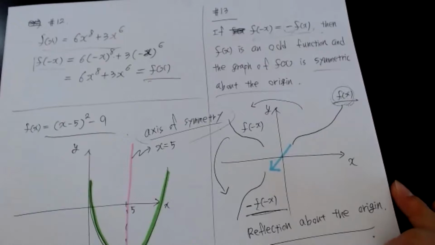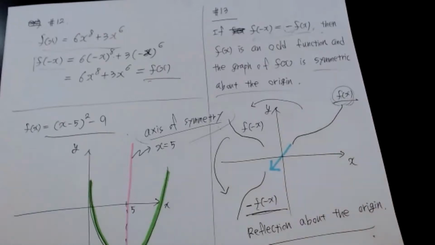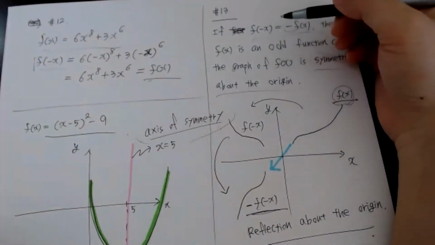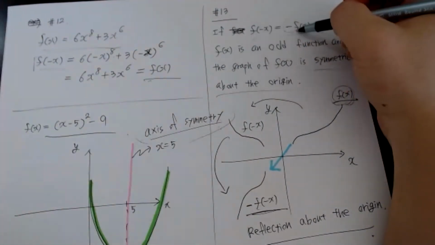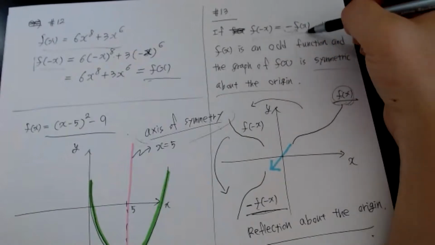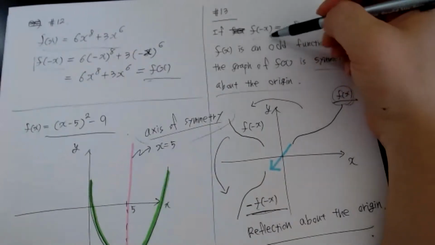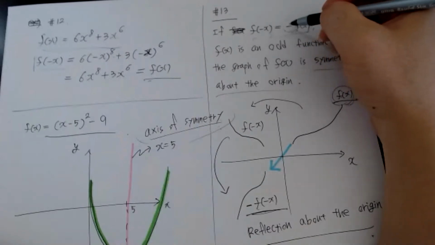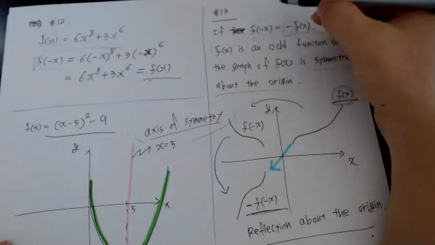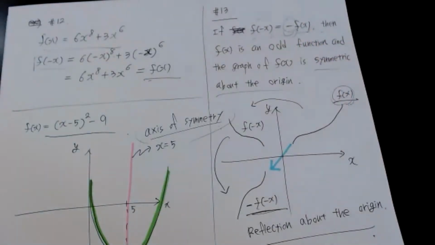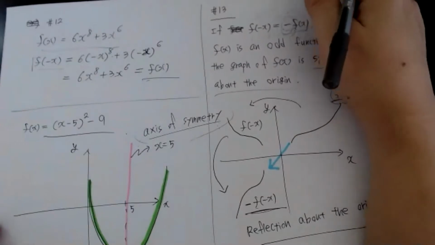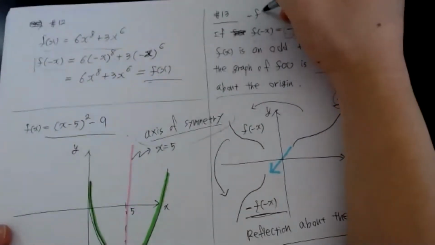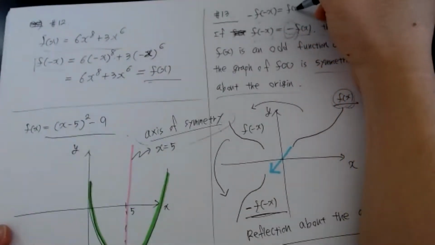Instructors keep saying they're moving the sign to the left-hand side. It means that we multiply by negative 1 on both sides. So we get negative f of negative x is equal to f of x.